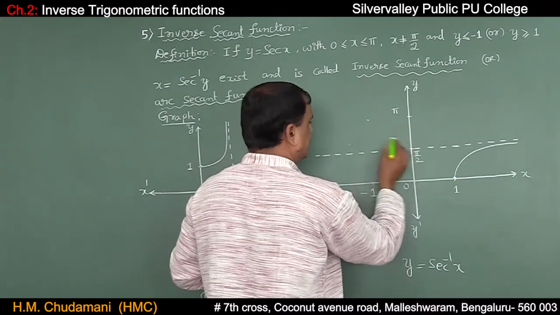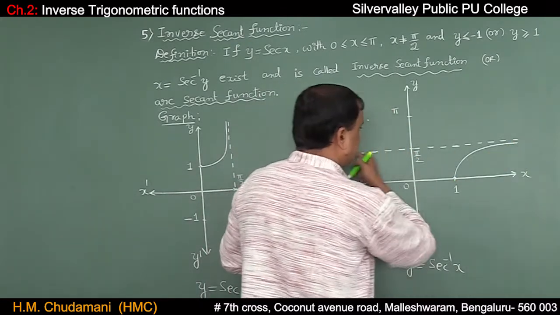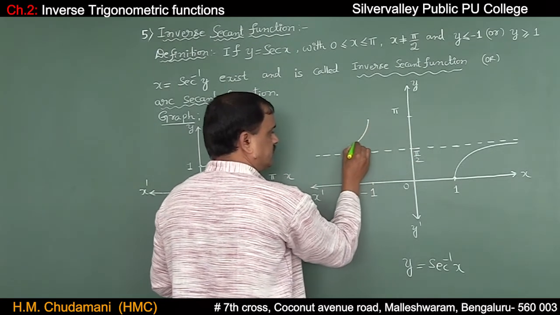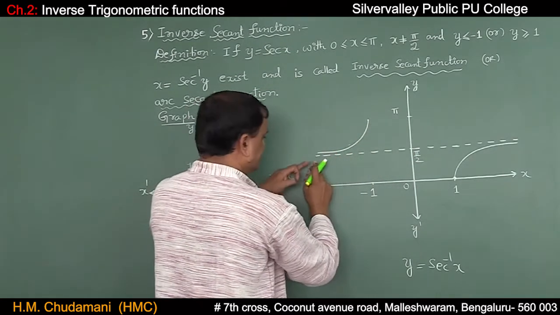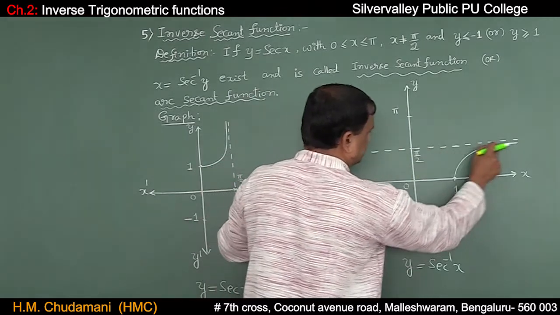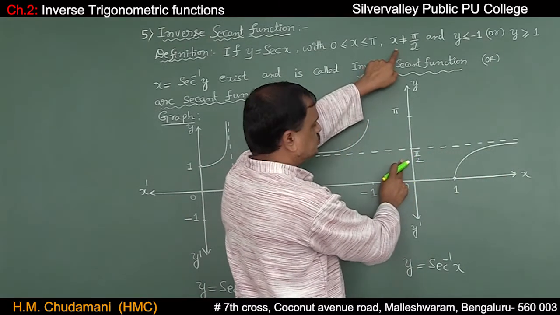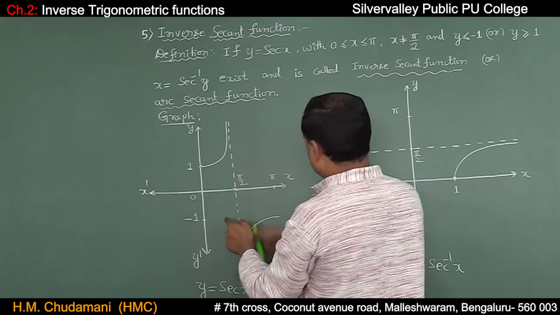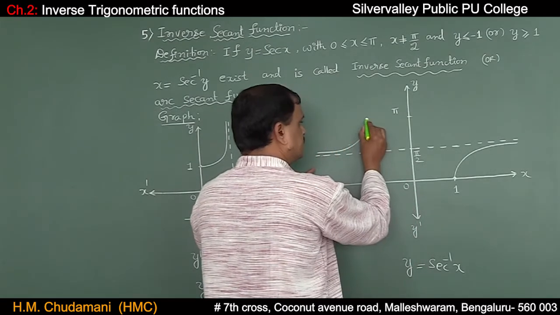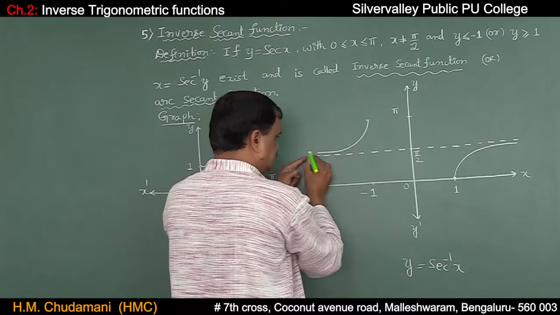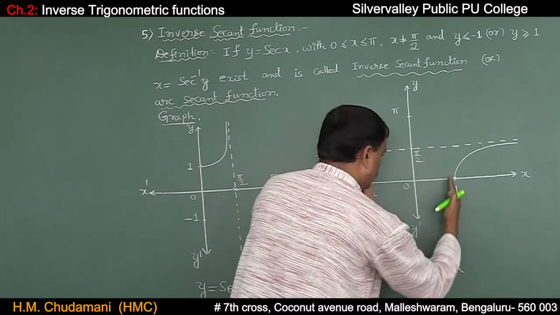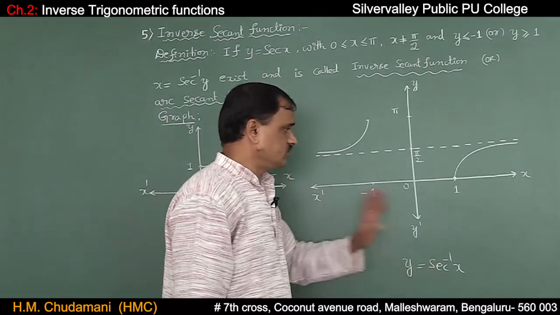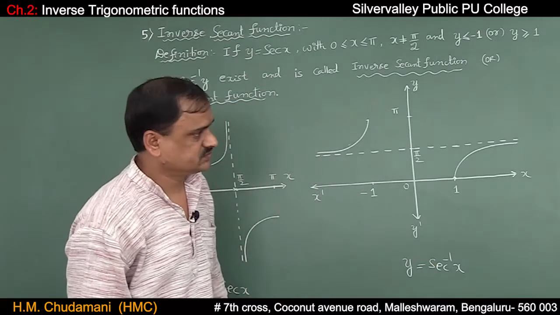Here it won't touch pi by 2. Pi, this is pi. This is the graph. See, the graph does not meet pi by 2. That's why x should not be pi by 2. So from pi to this graph, no graph between this region. Okay, y is equal to secant inverse x.